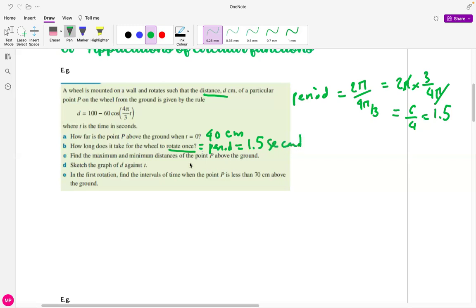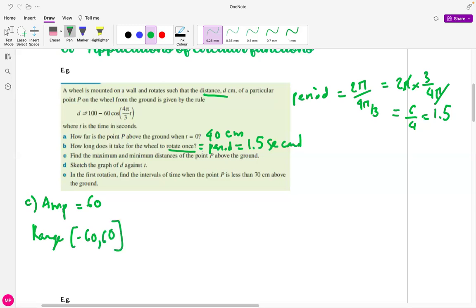Okay. Now, question C, maximum and minimum distance of the point above the ground. This is where they ask for the range. So how do we get the range from the cos graph? We would start with the amplitude first. So the amplitude is the number in front of cos, which is 60. So therefore, the range will be negative 60 to 60. Okay.